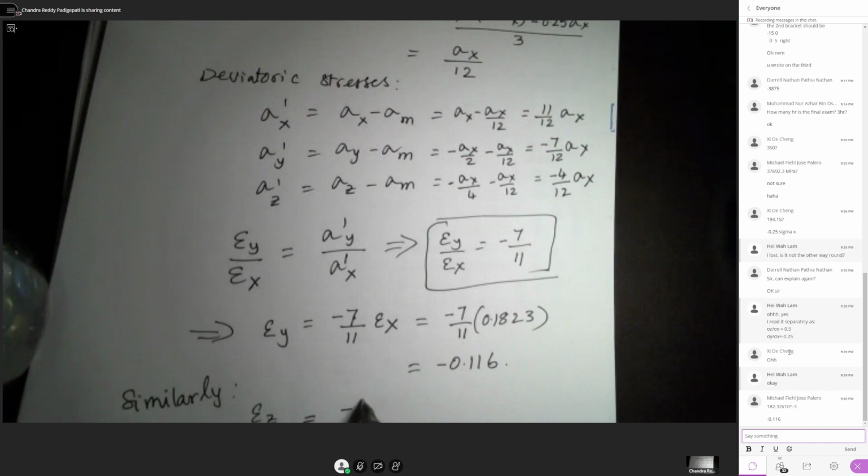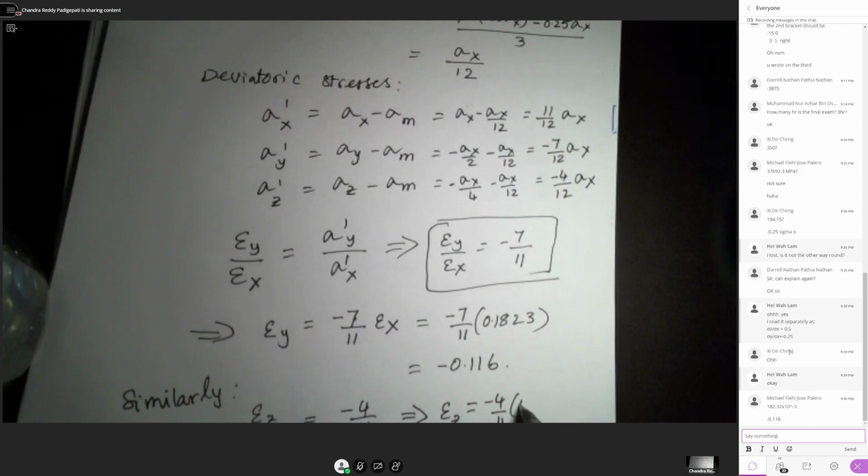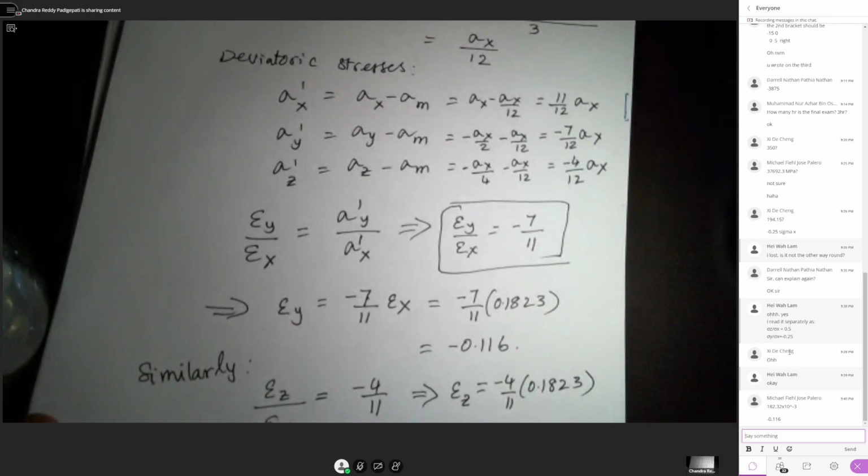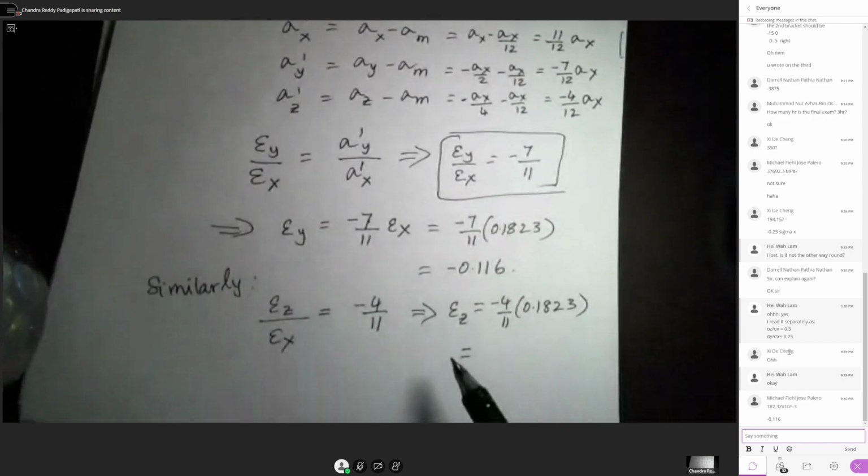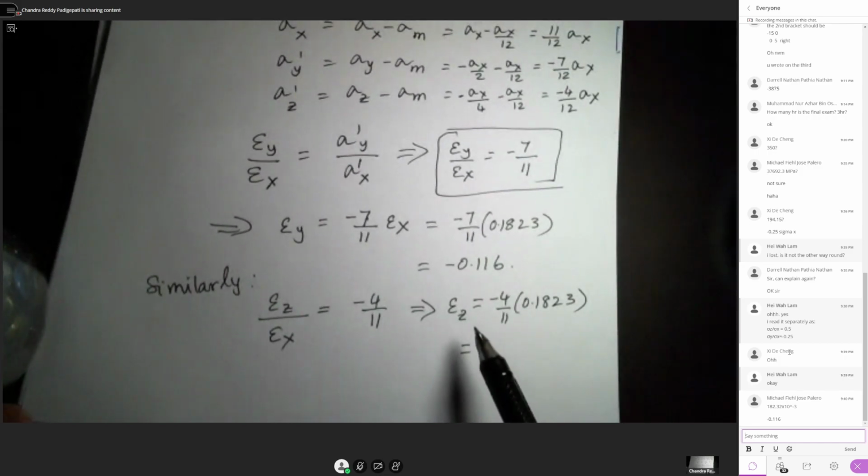So that means the strain along z-axis will be negative 4 over 11 into 0.1823. If you calculate this, you will get the strain along the z-axis.